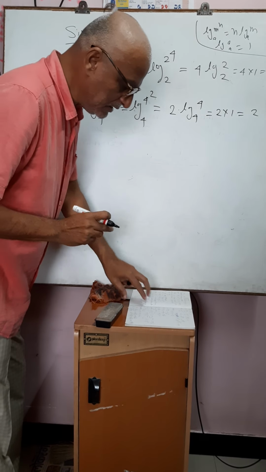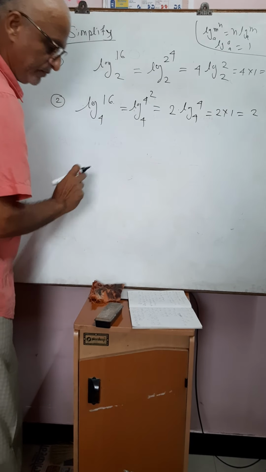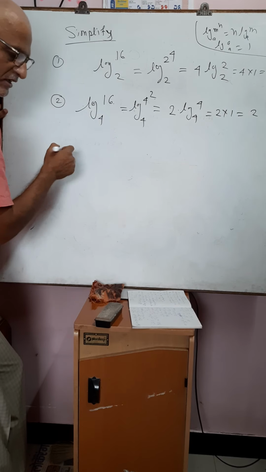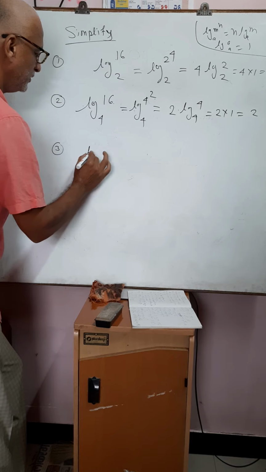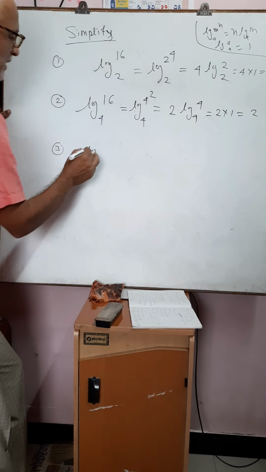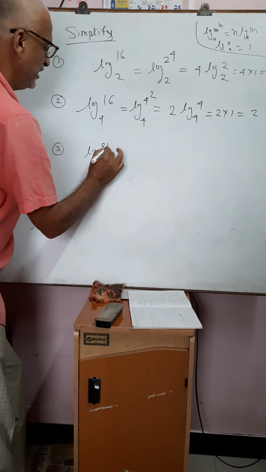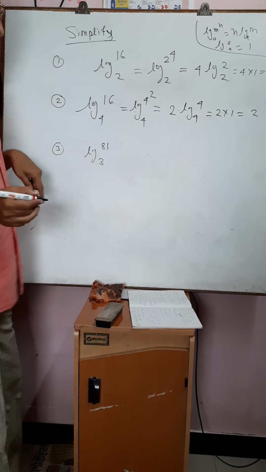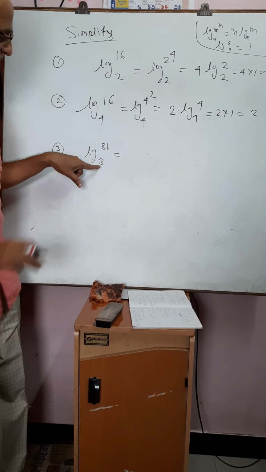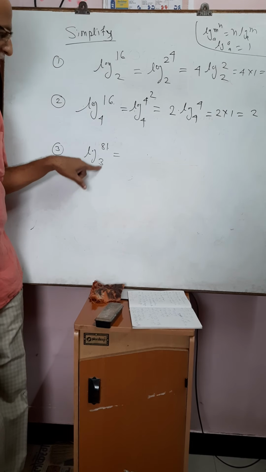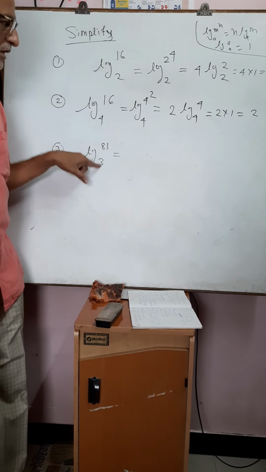Let us solve another example. Say the third one, you have to find log of 81 to the base 3. Now यहाँ पे base है आपका 3, so we have to write 81 in terms of 3.